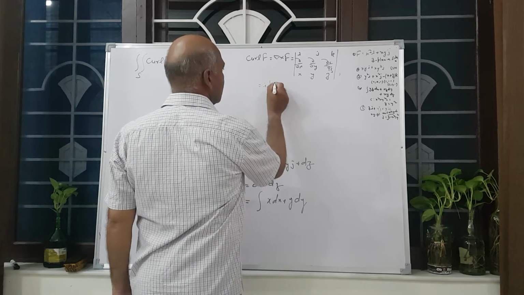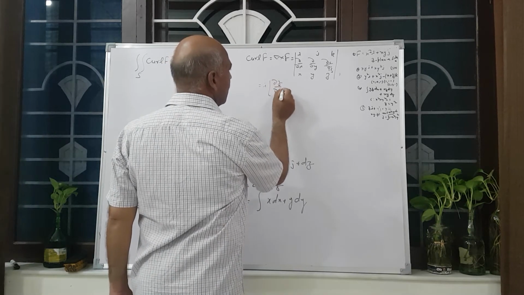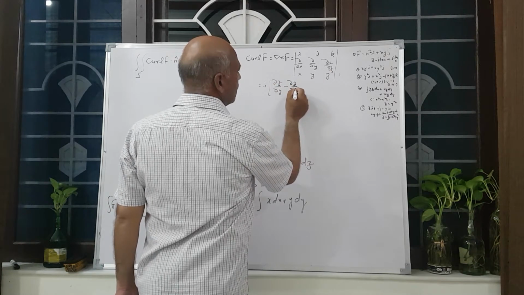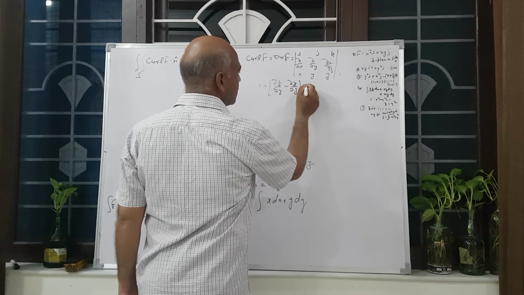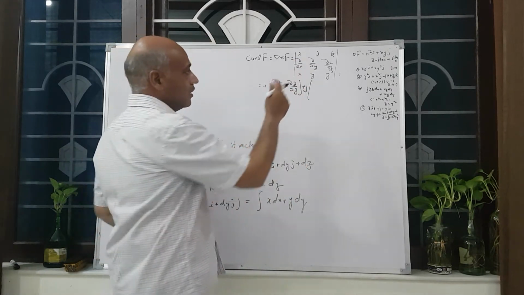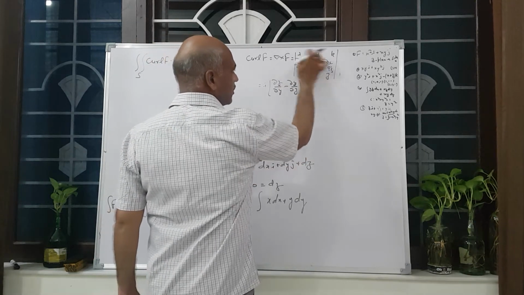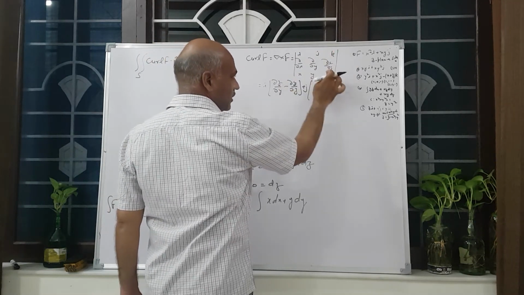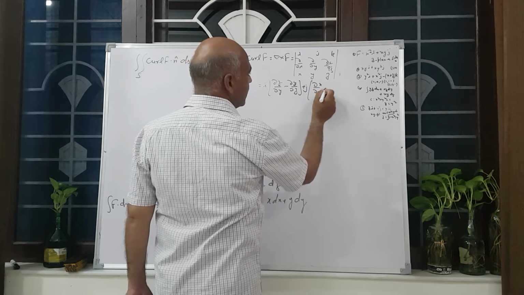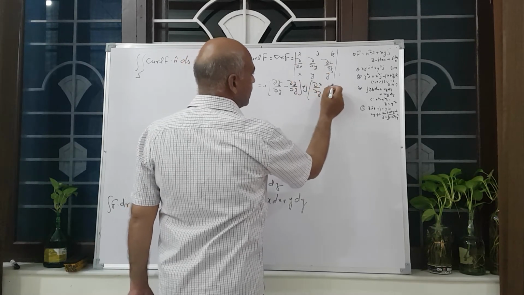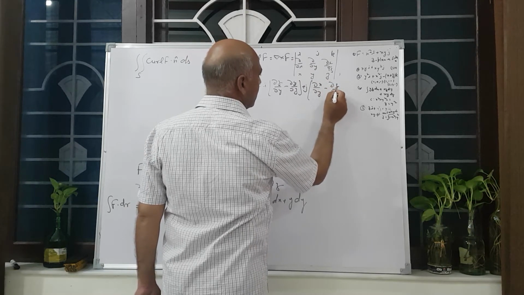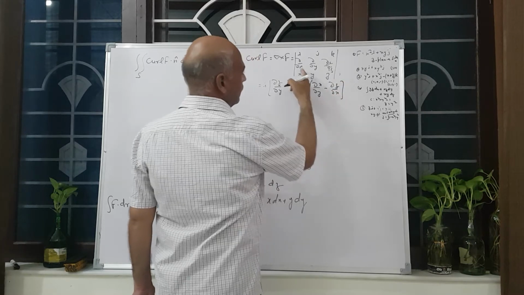We write del z by del y minus del y by del z. Then for j, we change the order: this column and this row are eliminated, so del x by del z minus del z by del x.